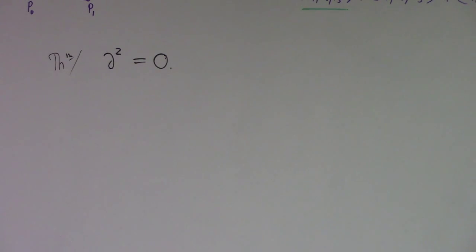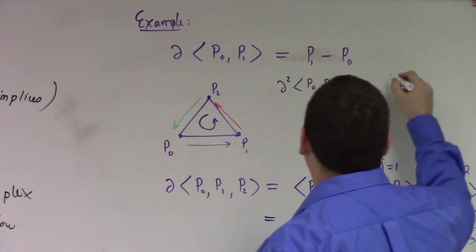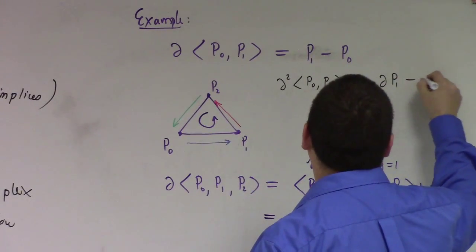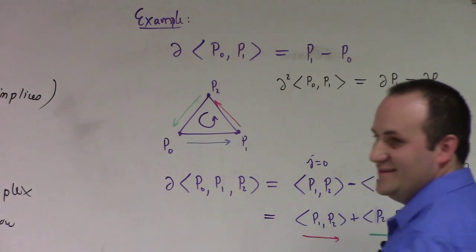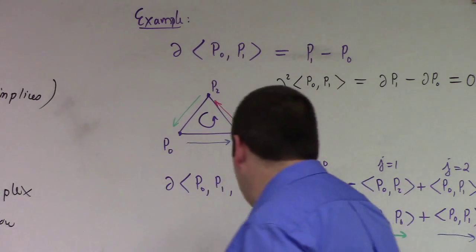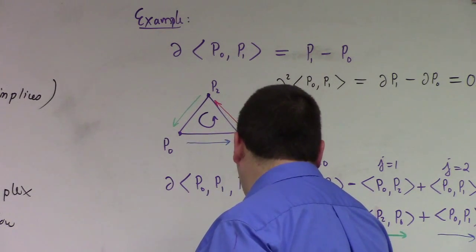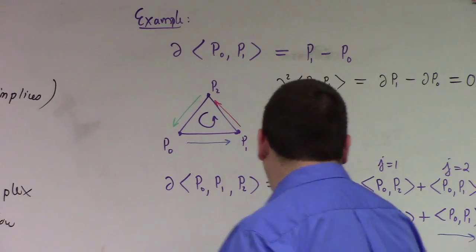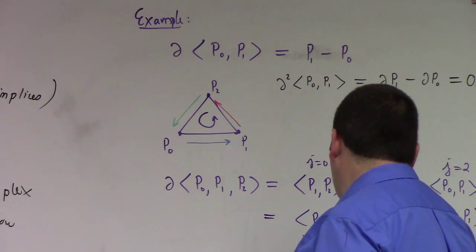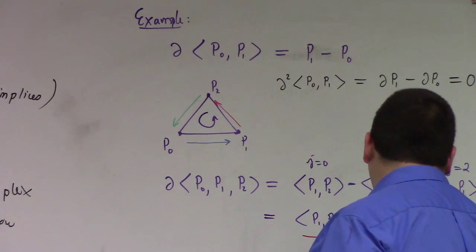What's partial squared of p naught p1? What's the boundary of p1? What's the boundary of p naught? These are by definition 0, so that's not an interesting one. If you look at the boundary squared of p naught p1 p2, it's more exciting. You get p2 minus p1 plus p naught minus p2 plus p1 minus p naught.